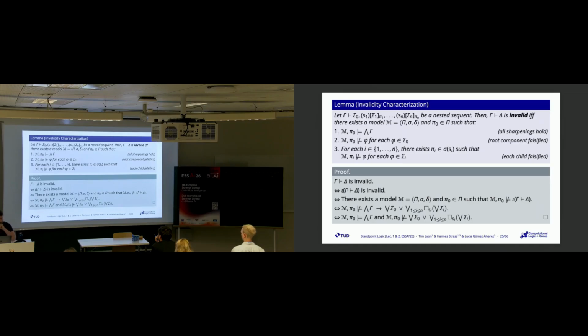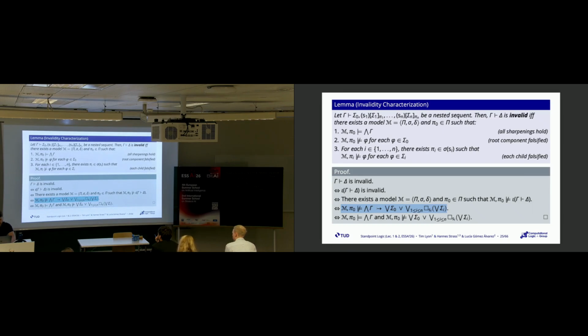Now, iota of gamma turnstile delta is a standpoint formula, right? We have that some formula is invalid if and only if you can find a model and a precisification which makes that formula false. That's just the definition of invalidity. Now, by the definition of iota, that means that on M, in this particular model that exists, at pi naught, we have this implication not holding.